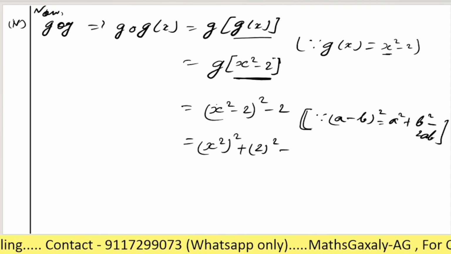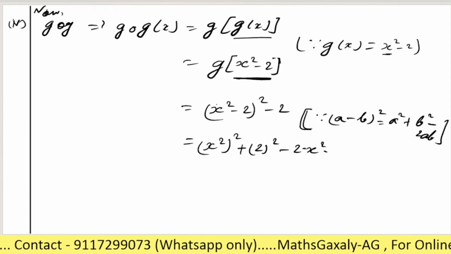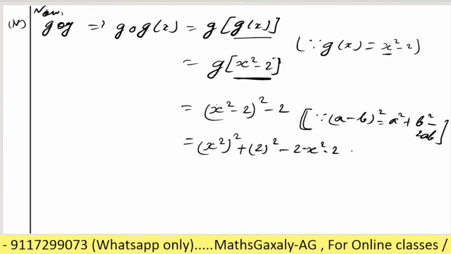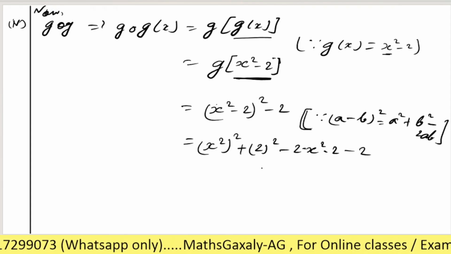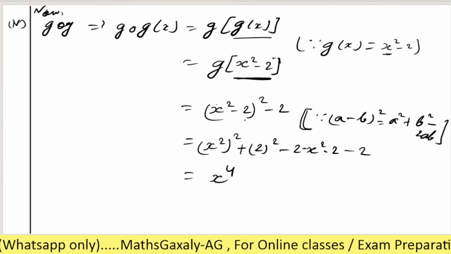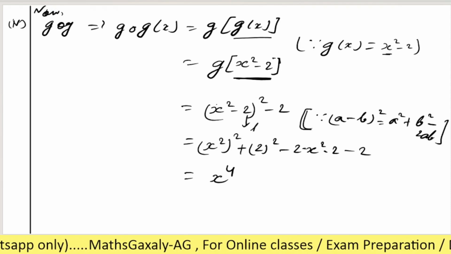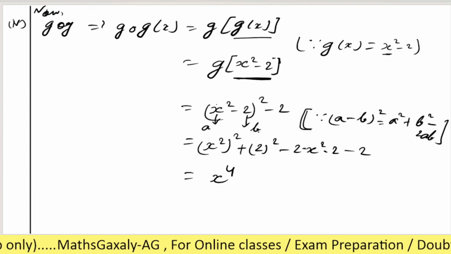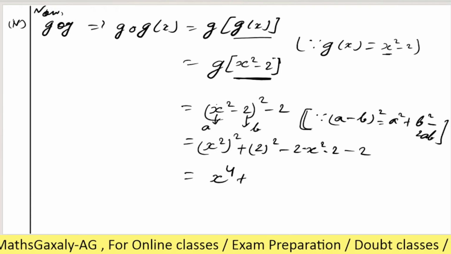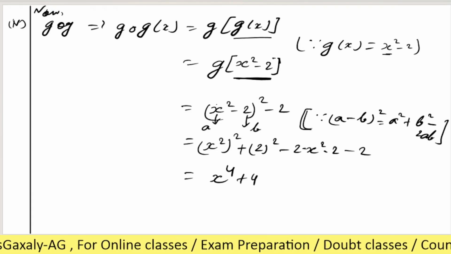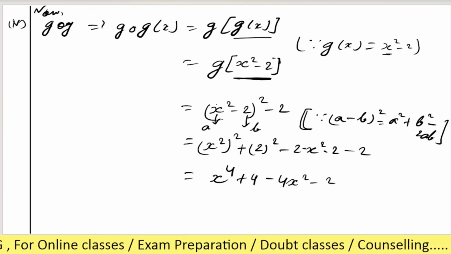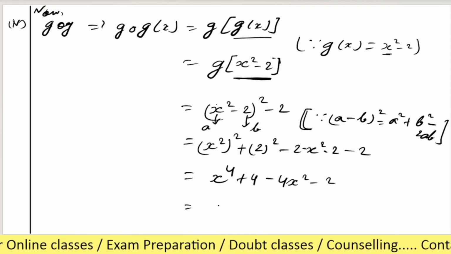Or this is b na, and this is a. So here I am doing b square, 2 square. Okay, plus 4, minus 2 into 2, 4x square, minus 2. Okay, minus 2. Now we have to arrange it.